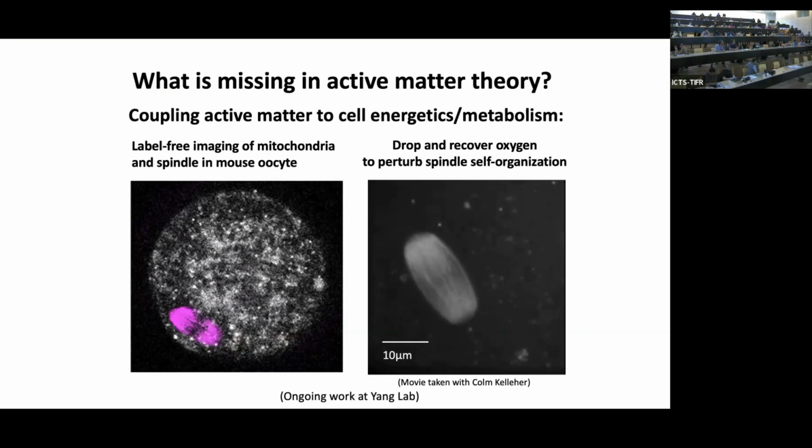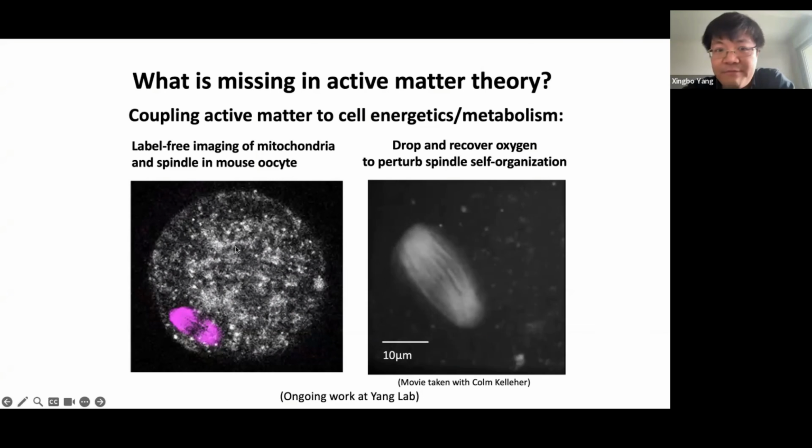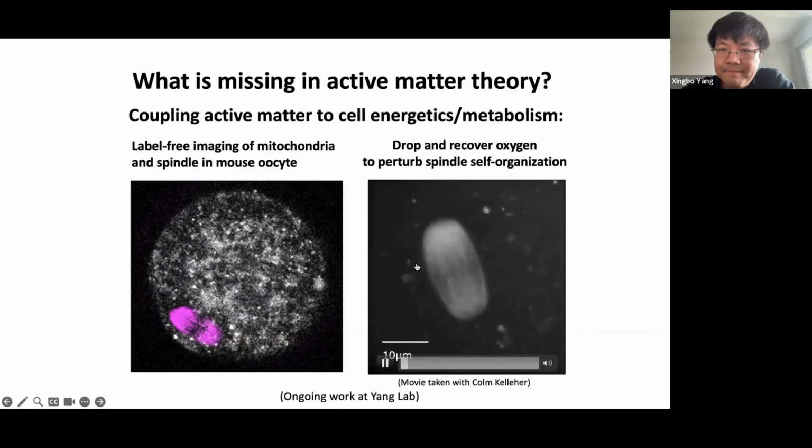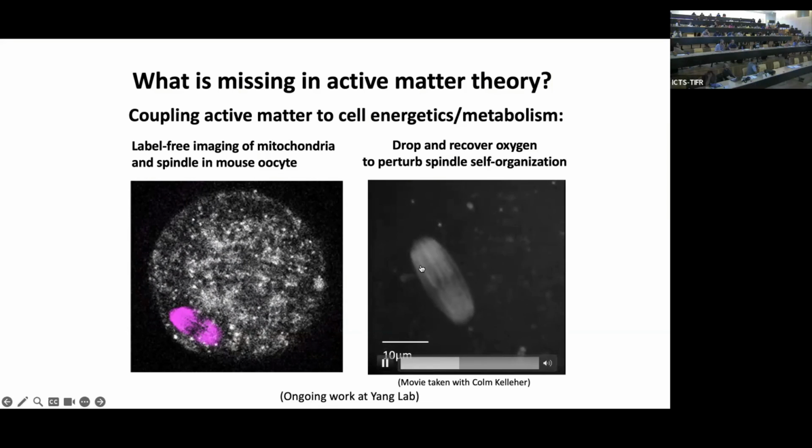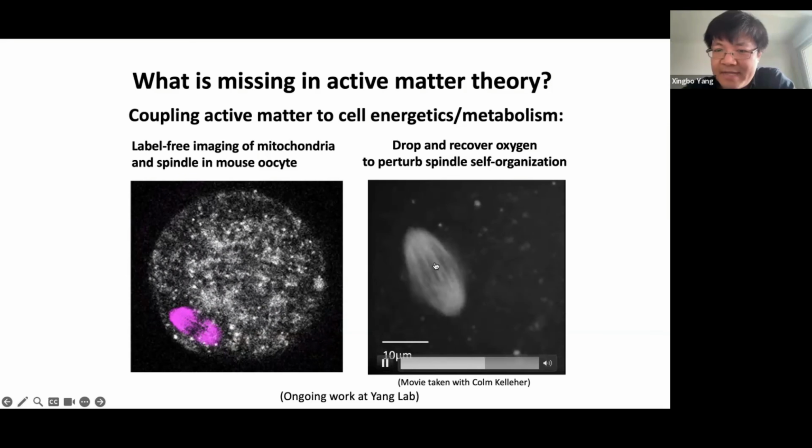Just a technical question. In the video where you're dropping and recovering the oxygen, what is being used to label the mitochondrial segments? What's the fluorescent probe, or how are you imaging it? Mitochondria, you said, or spindle? Because you can see the brightness go up and down. You're asking what I'm using to label the spindle?